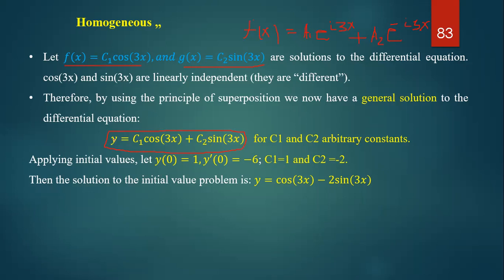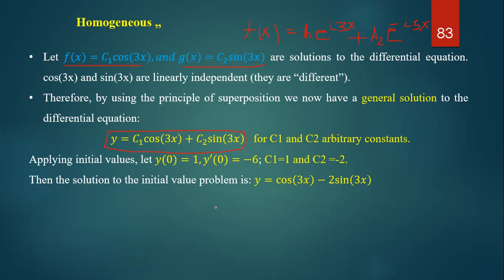Given y of 0, put 0 here: c1 cos 0 is 1, so 1 is equal to 1. That implies c1 is equal to 1. Sin 0 is 0, so this term will be 0. So c1 is equal to 1.